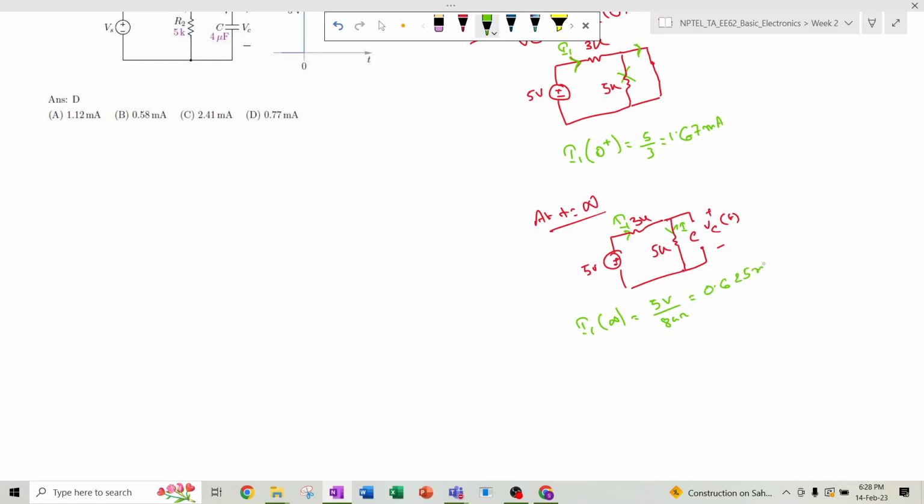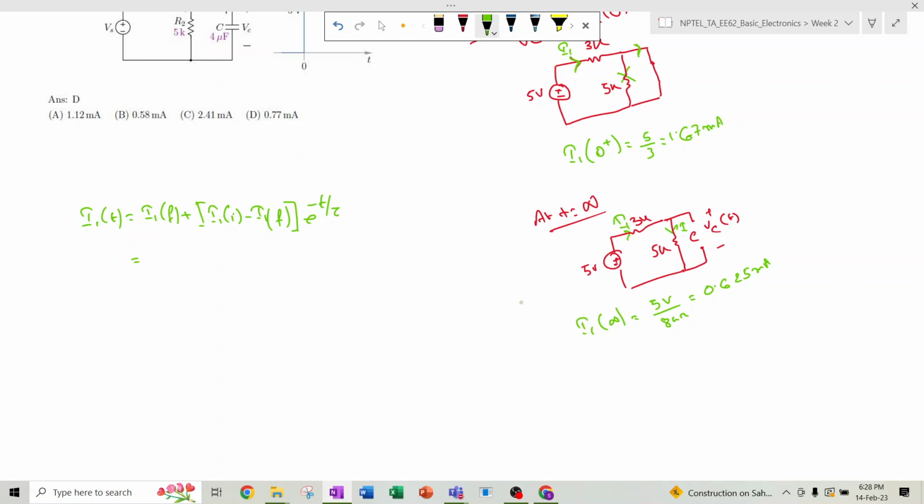0.625 milliampere. I have already told you that at any point of time I1(t) can be determined as I1 final value plus I1 initial value minus I1 final value, into e to the power minus t divided by tau.